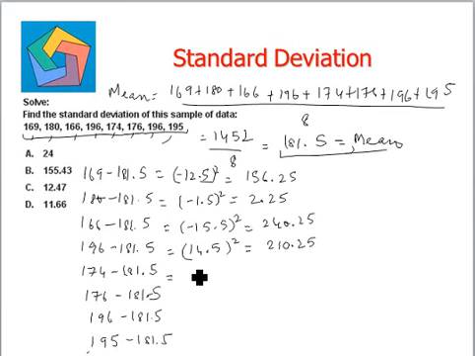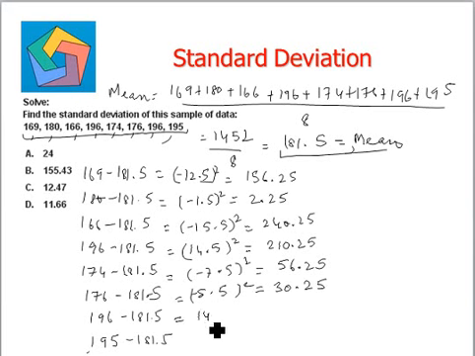This is negative 7.5. Squared will give us 56.25. This is equal to 5.5 with the negative sign. Squared will give us 30.25. This 196 is 14.5, squared equals 210.25, and the last will give us 13.5. Squared gives us 182.25.